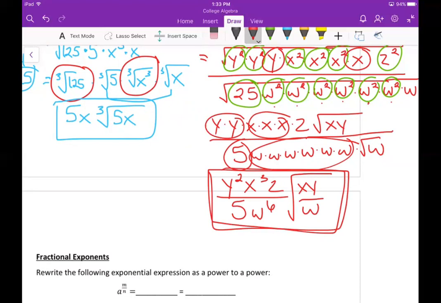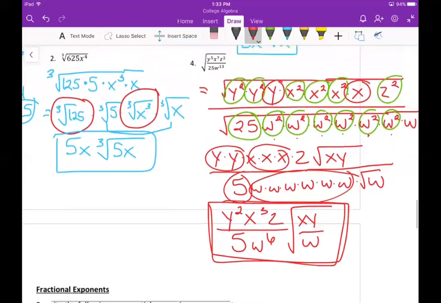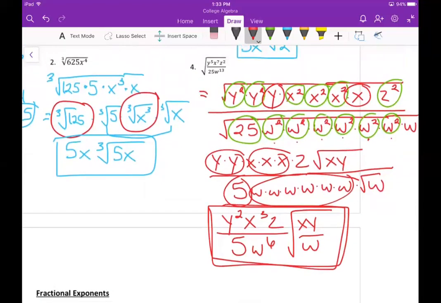Now you can imagine as we get to bigger powers, even w to the 13th was kind of annoying to write out. So can you see the pattern of what's happening here? Notice what happened. We had y to the 5th, and we ended up with y squared on the outside and y on the inside. So what happened to y to the 4th here when it came out?